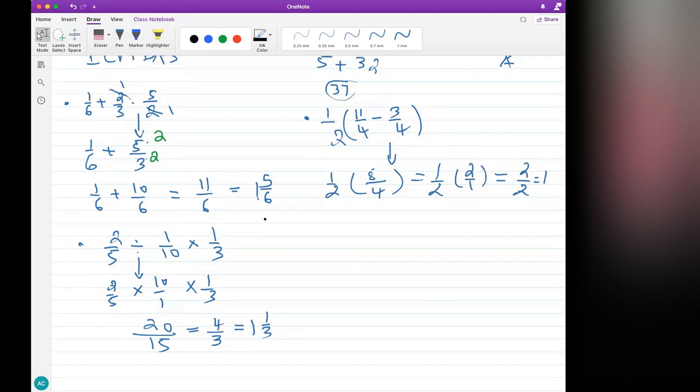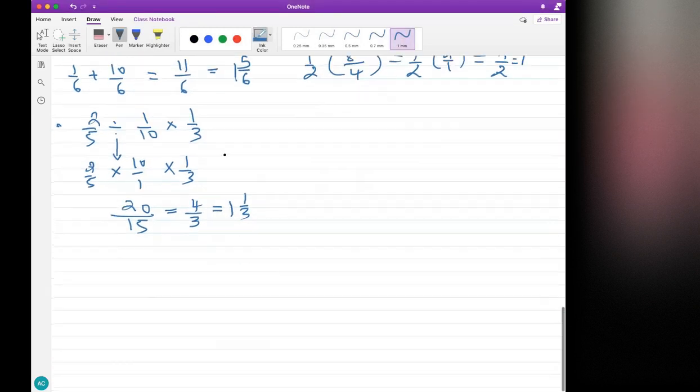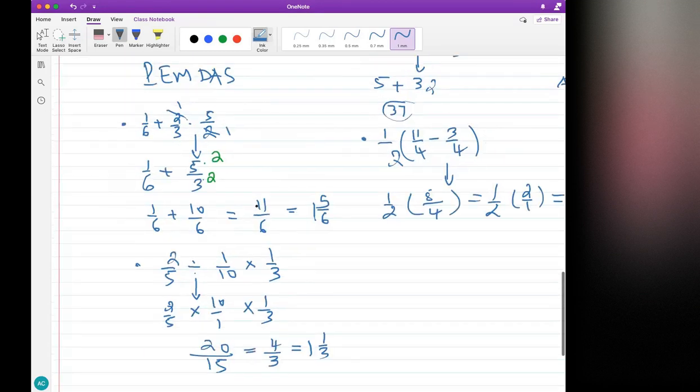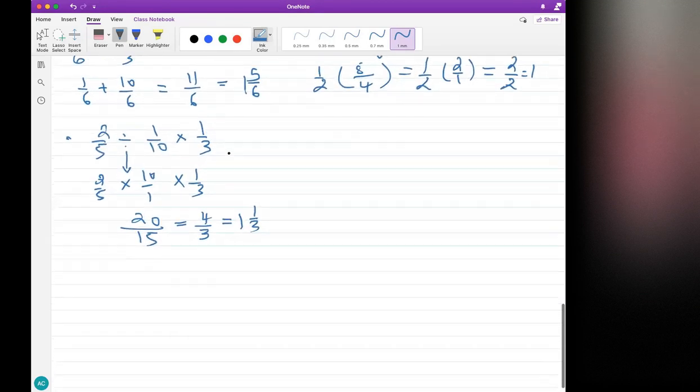That's how you do your order of operations with fractions. You can, like I said, do the same thing with decimals. Let's see. So let's see, next thing is to use some word problems.